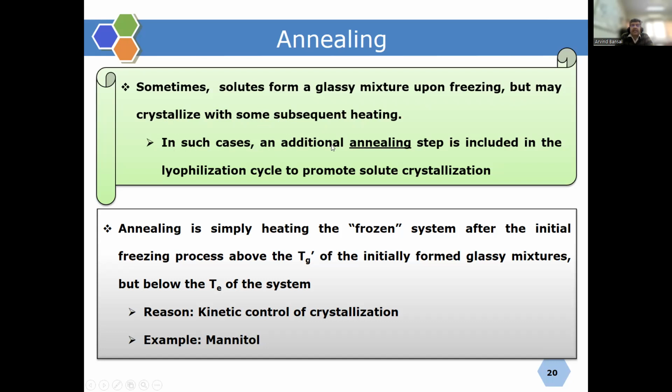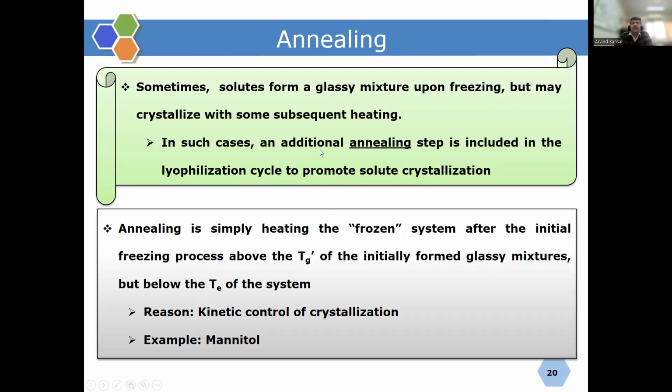In such cases, an additional annealing step is included in the lyophilization cycle to promote solute crystallization. Annealing is simply heating the frozen system after the initial freezing process above the Tg prime of the initially formed glassy mixtures, but below the T eutectic of the system.